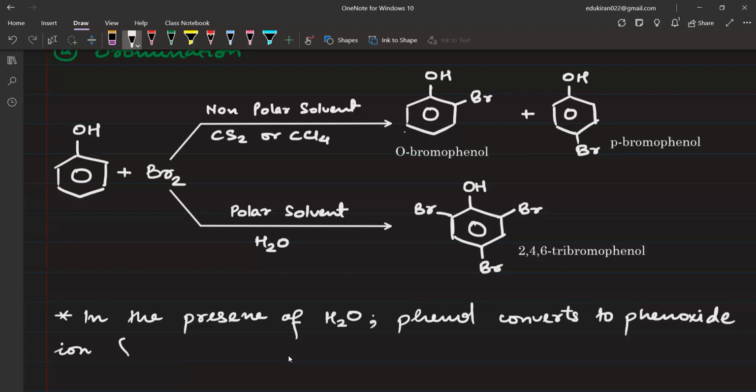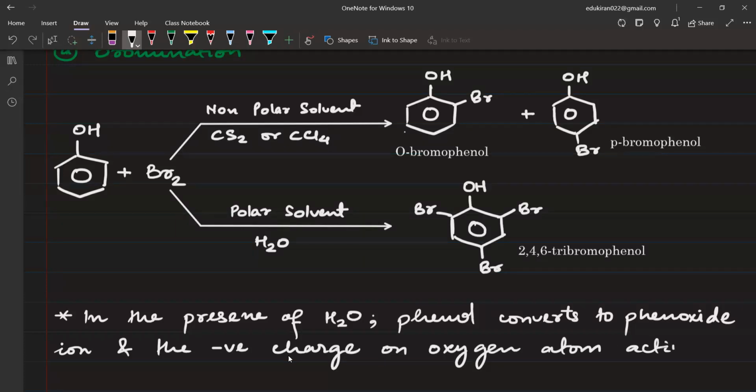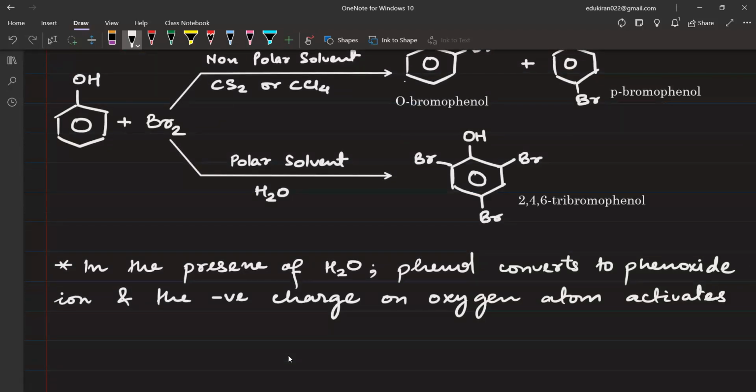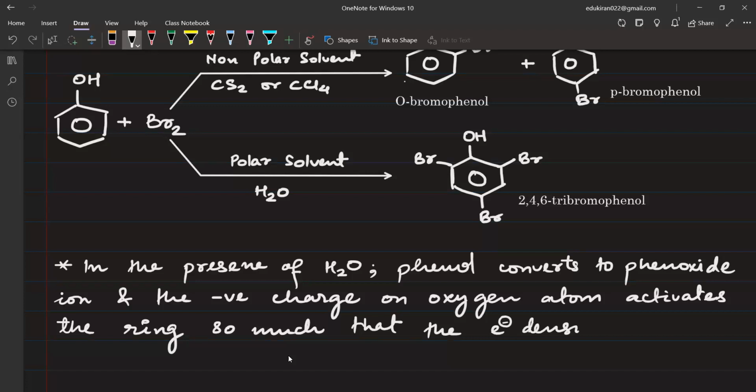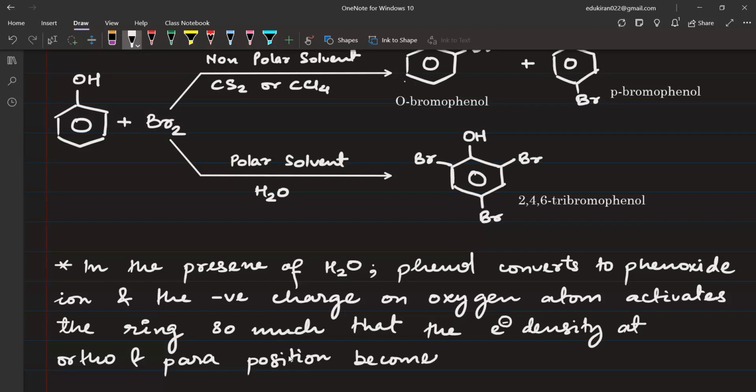Phenol converts to phenoxide ion, and the negative charge on oxygen atom activates the ring so much that the electron density at ortho and para positions becomes very high, and it gives tri-substituted product.